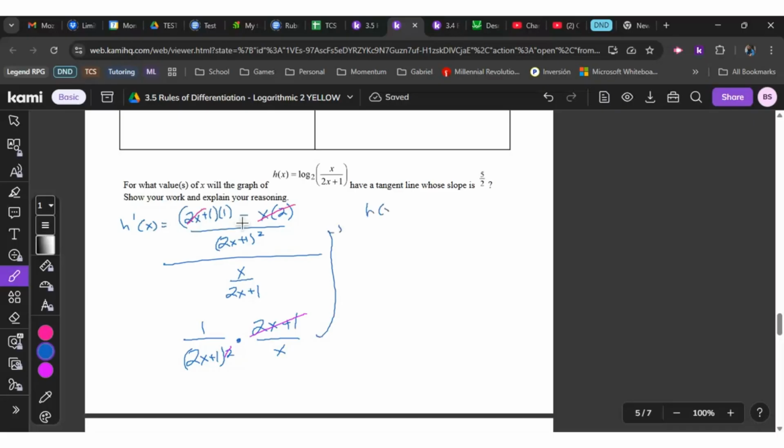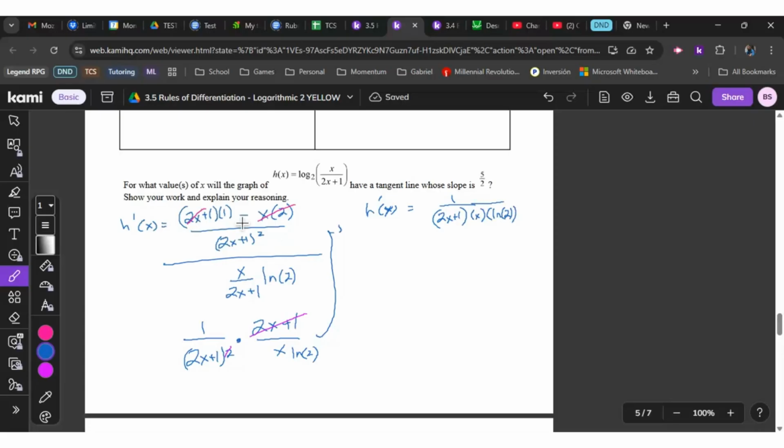And so we get that h prime of x is equal to 1 over, oh, hang on, I missed something. This should have been ln of 2 as well, which would mean that the ln of 2 ends up here. My bad. Okay, so then it'll be 2x plus 1 times x times the ln of 2.